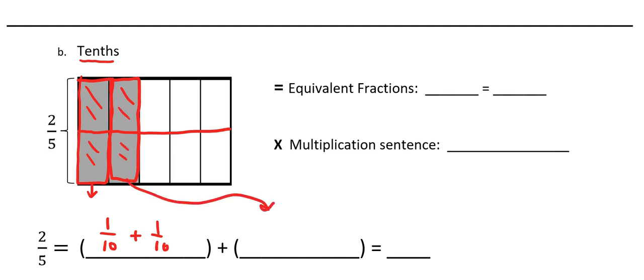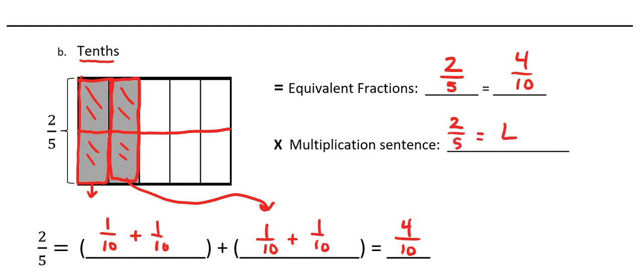So I'll write that in the next group here. 1/10 plus 1/10. Altogether, that gives me 4/10. That means I have the equivalent fractions of 2/5 that equals 4/10. To write my multiplication sentence, I will say that 2/5 is equal to 4 groups of 1/10.